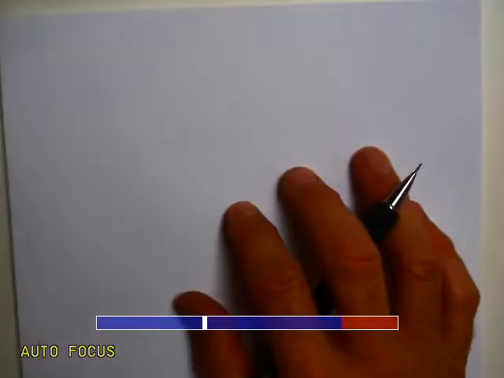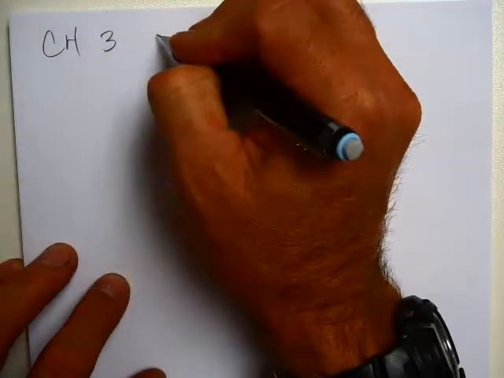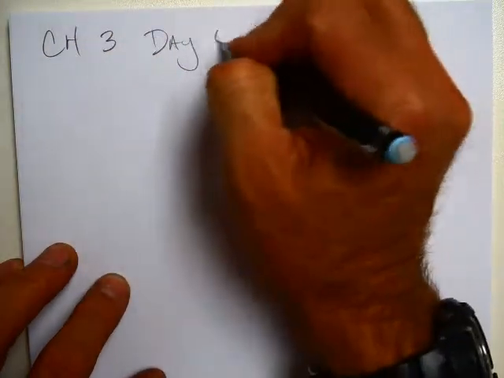All right, so chapter 3, day 4. A couple of the problems in the book that I give you today ask you to take some information and turn it into a linear equation.